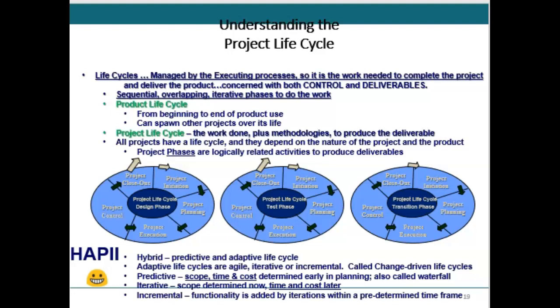And then the next phase that I have listed there would be like the test phase. And you would again do initiating, planning, executing, controlling, and closing. And in closing, you do a gate check. And then the final phase I have shown on the slide, but it doesn't have to be, is the transition to operations maybe, right? And in that transition, you'll do initiating, planning, executing, controlling, closing.